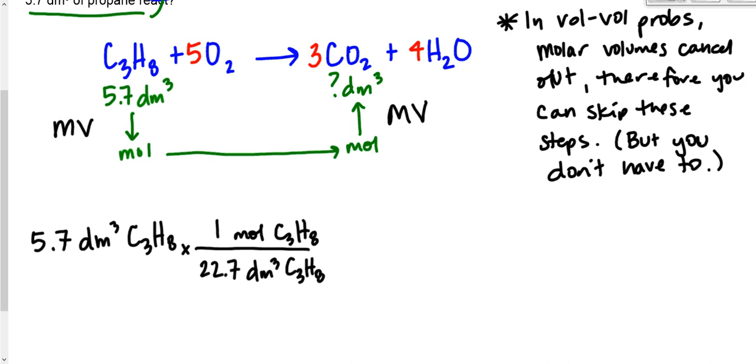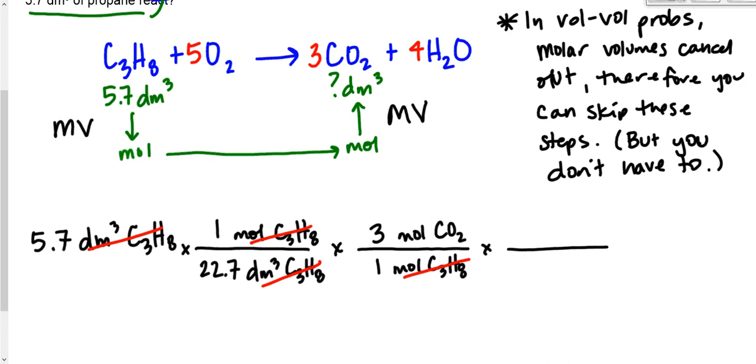At this point, these divide out. Then I keep going. I want to cancel moles of C3H8 so that I can convert it to moles of CO2. And here's where I put in my coefficients. So 1 for the C3H8, 3 for the CO2. My moles of propane divide out.